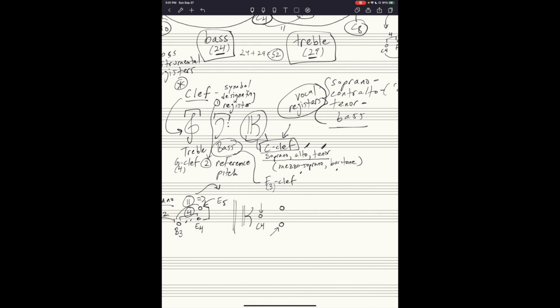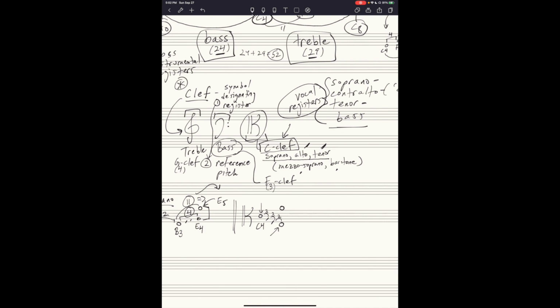So I can find some sort of compounded skip, like maybe I'll skip down and then skip down again, and then from the first line to the space below is a step. So in other words, 3, 3, and 2.